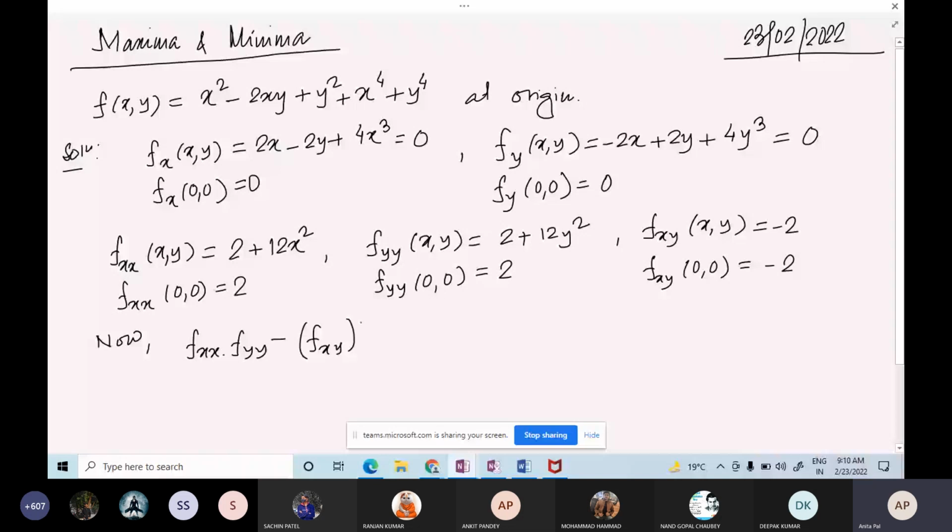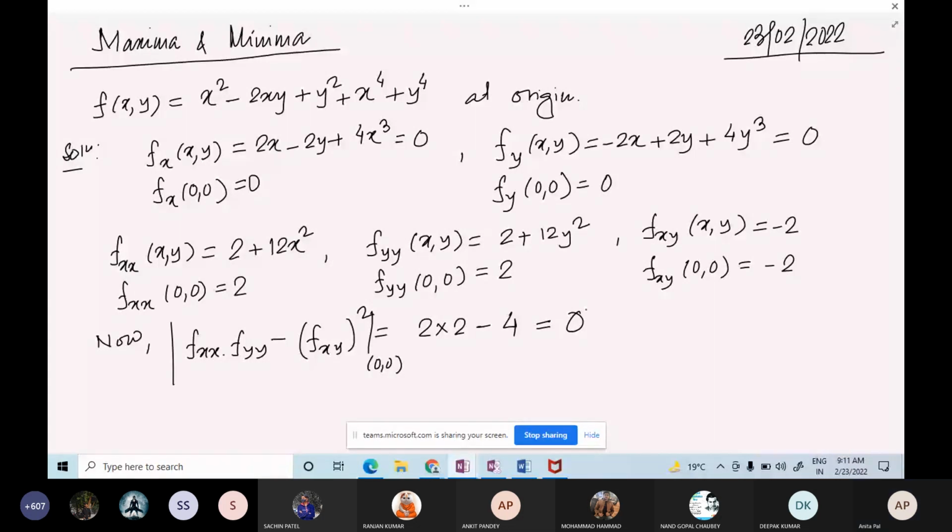What is the value of this? Everything we are finding at the point 0, 0. Now fxx is 2, fyy is 2, and this is 4 minus 2 whole square. So 0. Now we have learned that if RT minus S square is greater than 0, then we check what is R.